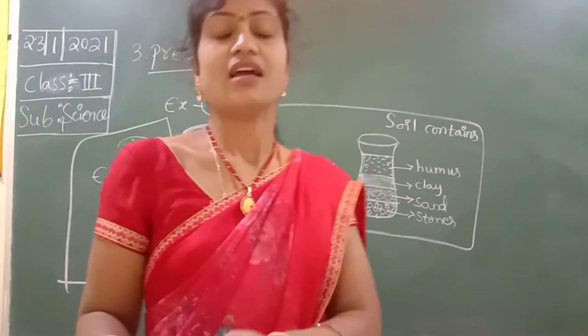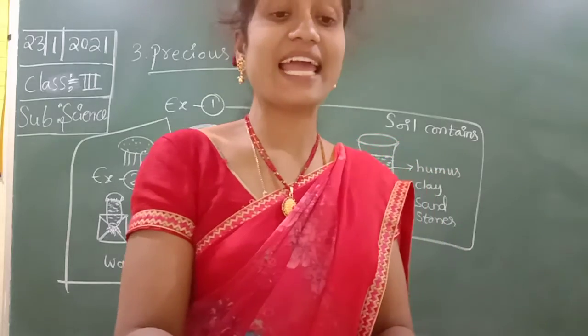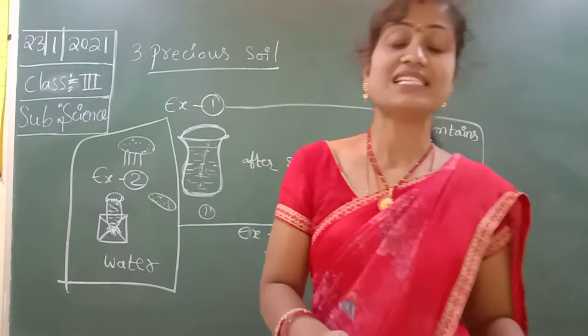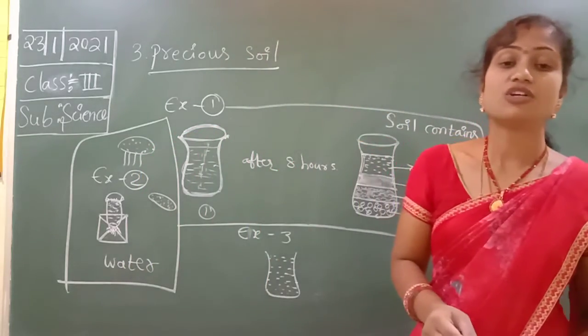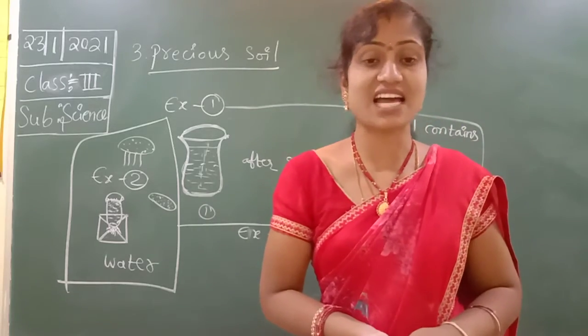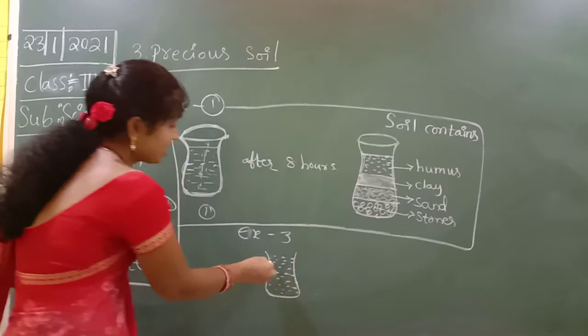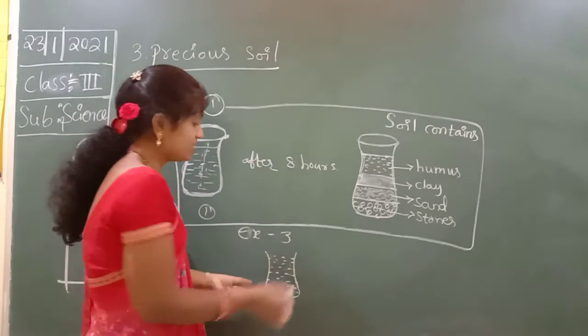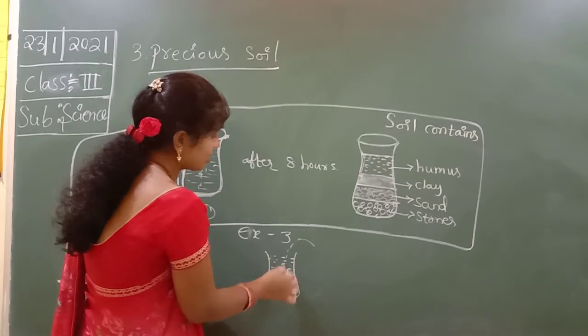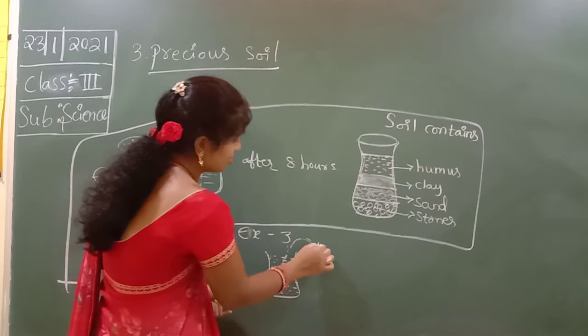You have to take one glass jar and pour the soil in that jar. Then you have to pour water in that jar.